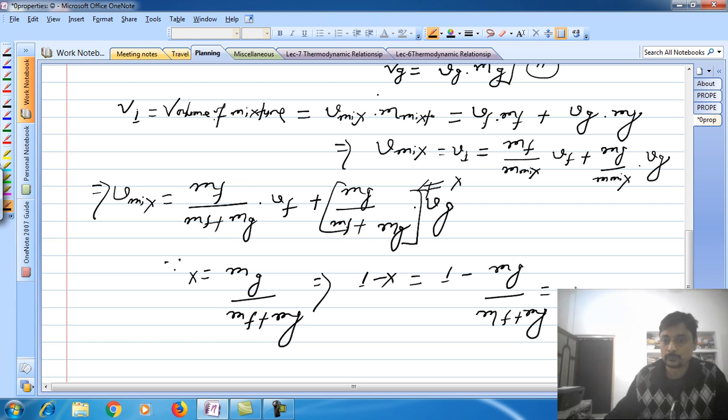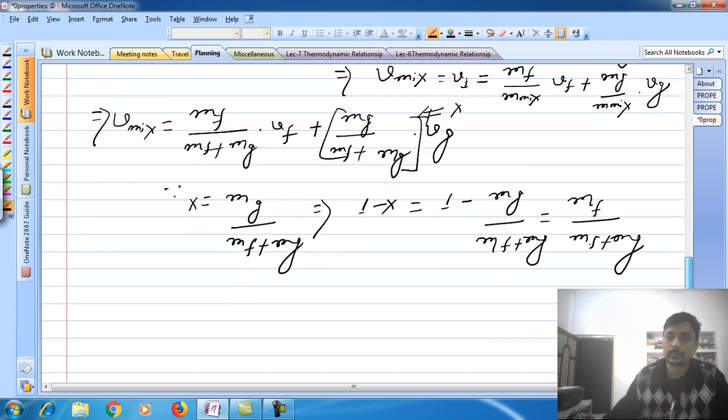This is equal to the mass of liquid divided by the mass of liquid plus mass of vapor. In that condition, finally, if you put the value of 1 minus x and x, this value mf divided by mf plus mg is equal to 1 minus x.